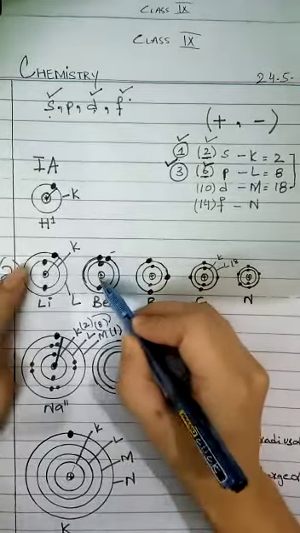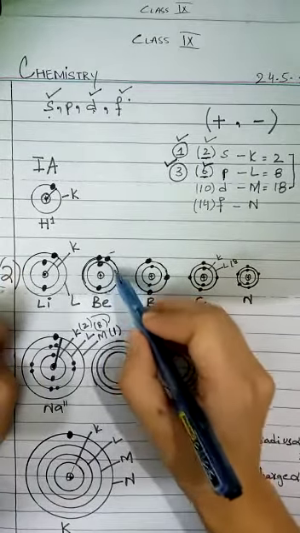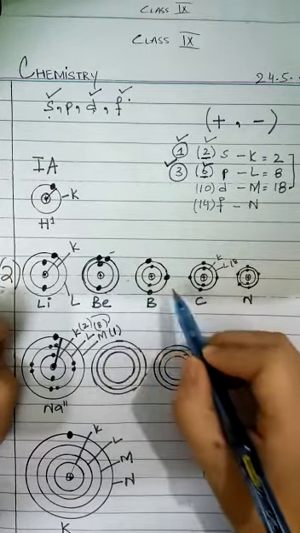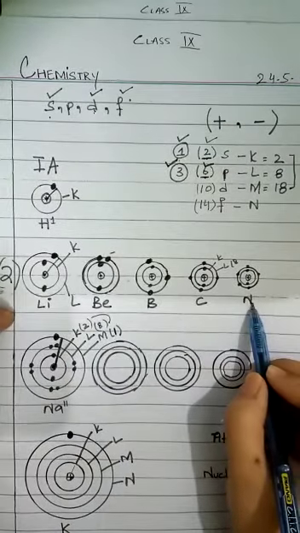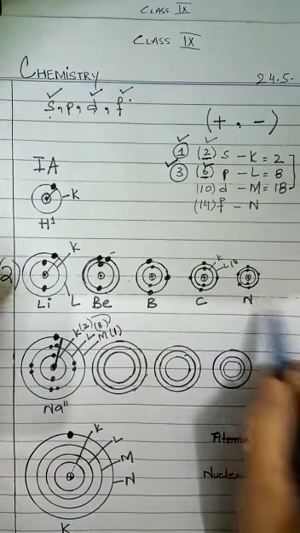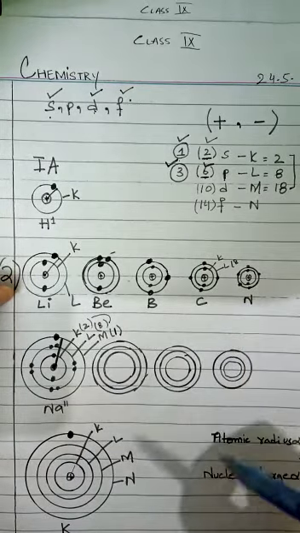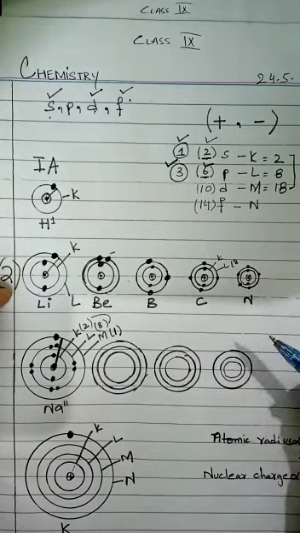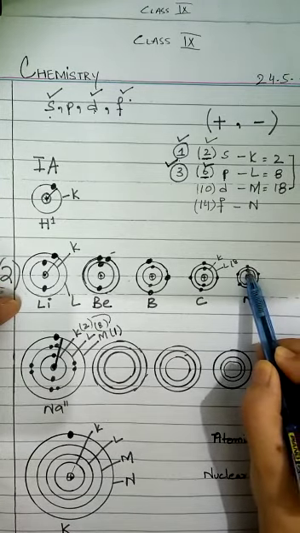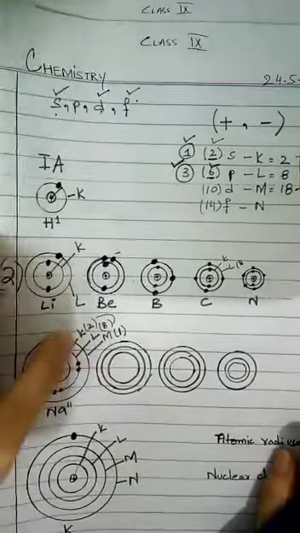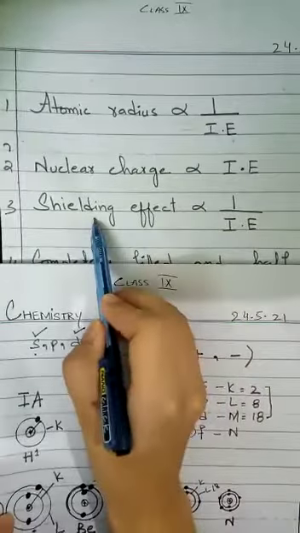This force of attraction is strong in a period because electrons are increasing in the same shell. So that is why nuclear charge will increase. When nuclear charge increases, we require more amount of energy to remove the electron from the outermost shell of an atom.